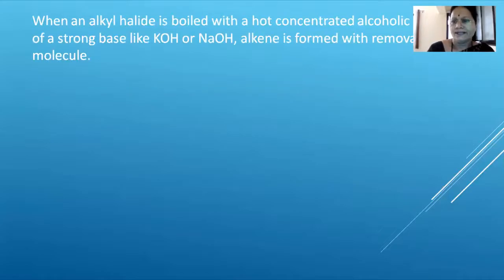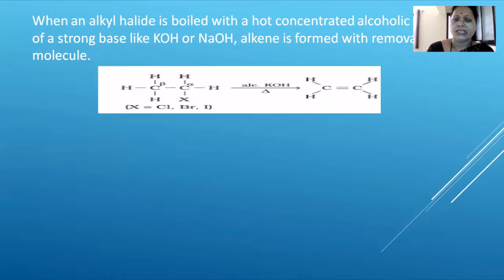Okay, so here, alkyl halide. Now what is the process here? Alkyl halide is boiled with hot concentrated alcoholic solution of a strong base like KOH or NaOH. Alkene is formed by elimination reaction, removal of halogen and hydrogen. See here, the general formula is given: CH3CH2X.